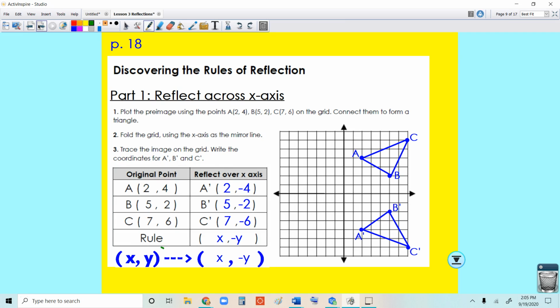This is the rule right here. We started with our original point x, y, and then what happened when we reflected it over the x-axis, which can also be identified as the line y equals 0? Here's y equals 2, y equals 1, y equals 0 is the x-axis.